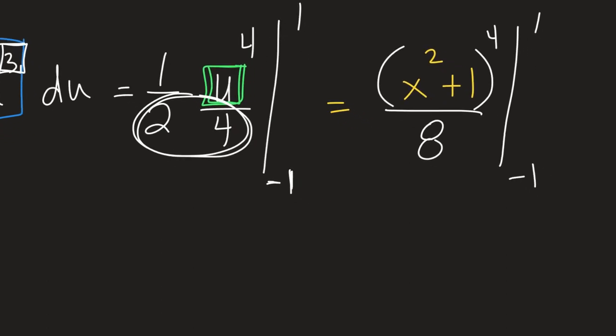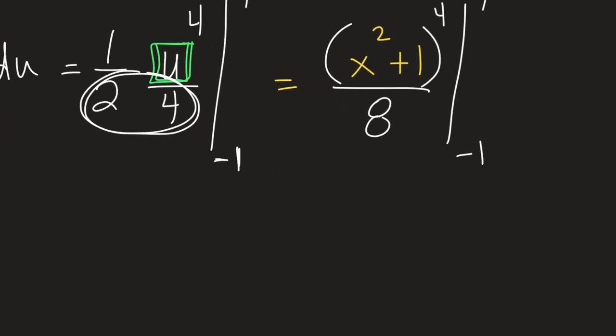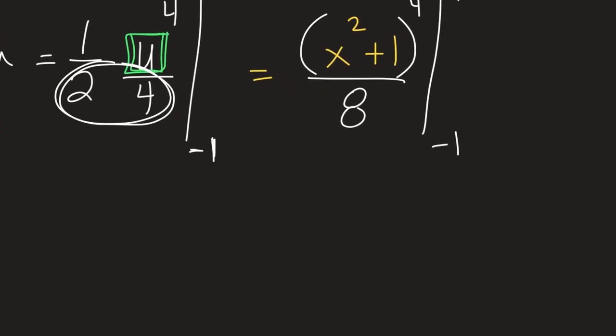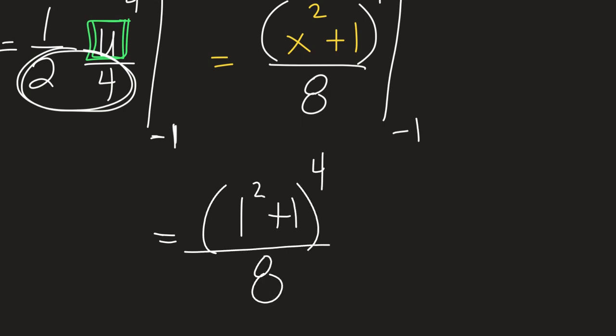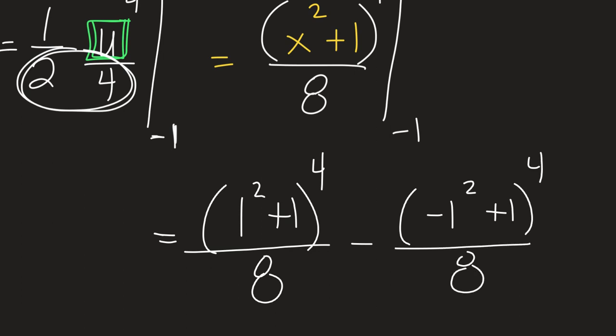So when we get to here and you have your u value, once again we have to replace u with our x that we defined it up above. So we take 1 squared plus 1, raised to the 4th power divided by 8, minus (-1) squared plus 1 raised to the 4th power divided by 8.